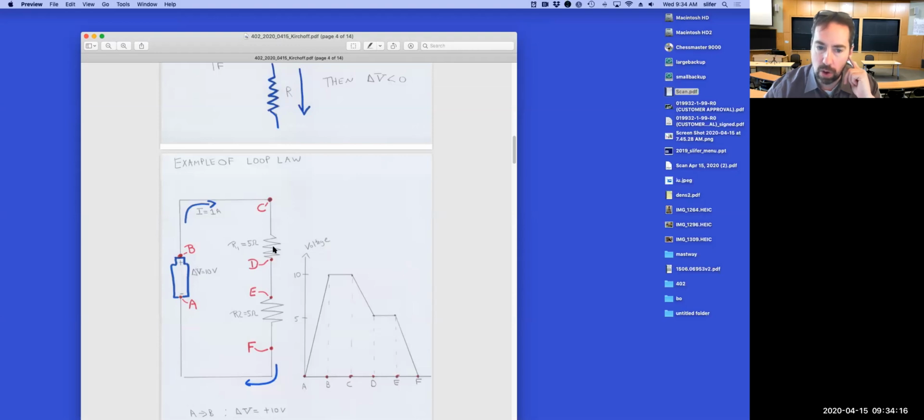The potential drop is a negative value. It's going to get less as you go across the resistor. If I had turned that battery around and the current was flowing this way, then the potential drop would be in this direction. You'd be higher potential, lower potential, higher potential, lower potential, always going to lower potential as you go in that direction of flow.